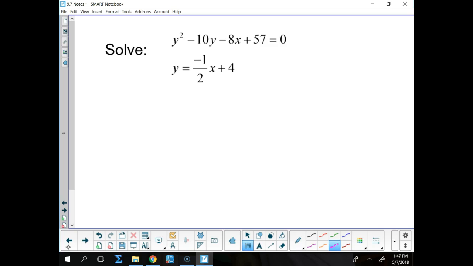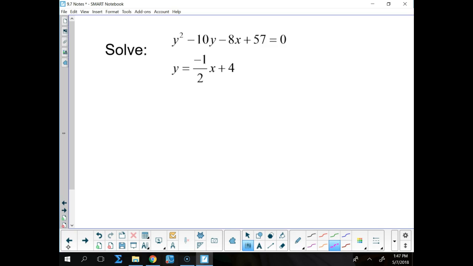Twice. One of the times it's going to be squared. So, not necessarily, it's doable. You'll get the answer.